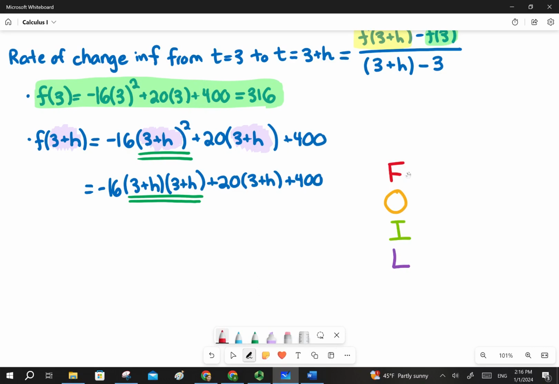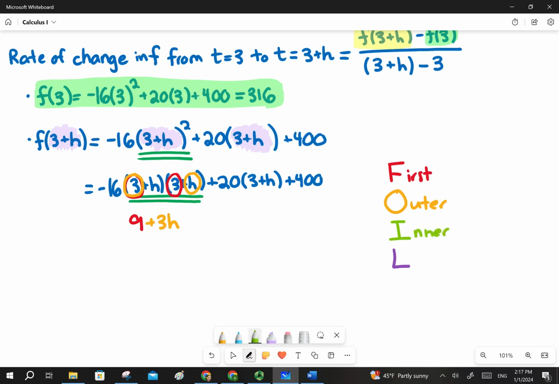F stands for first, so I'll start with the first term in each binomial. 3 times 3 equals 9. O stands for outer, so I multiply the 3 from the first binomial and the h from the second binomial to get 3 times h equals 3h.